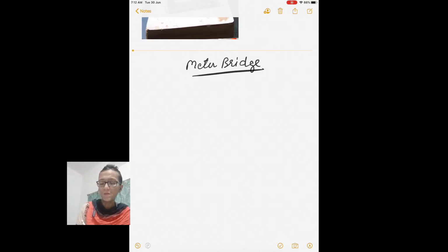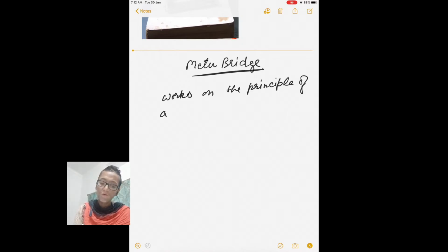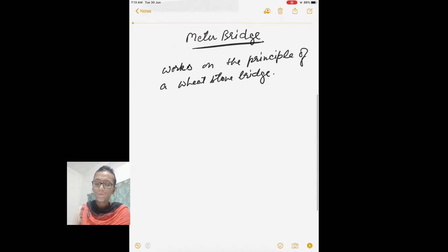Actually, a meter bridge works on the principle of a Wheatstone bridge. Now, what is a Wheatstone bridge?